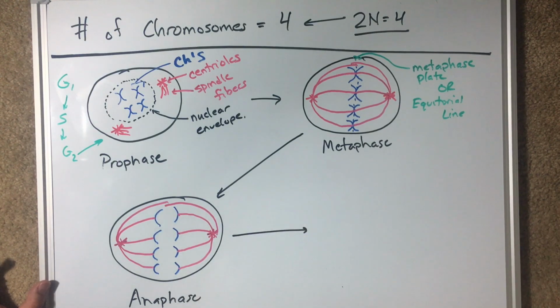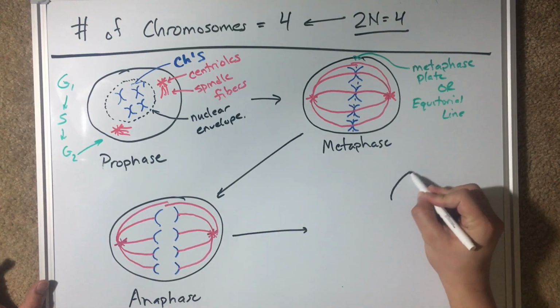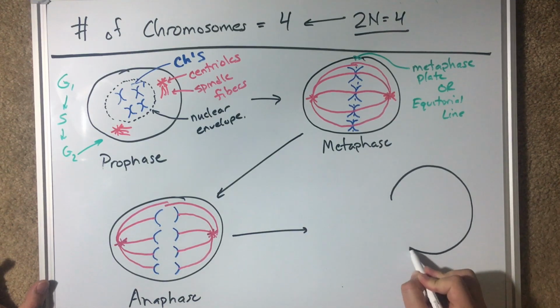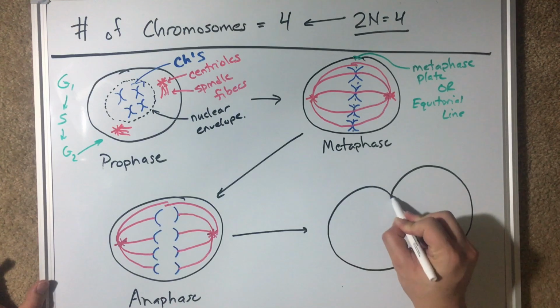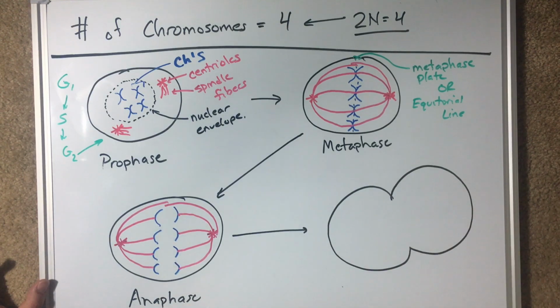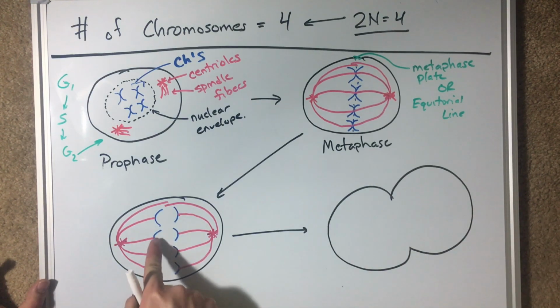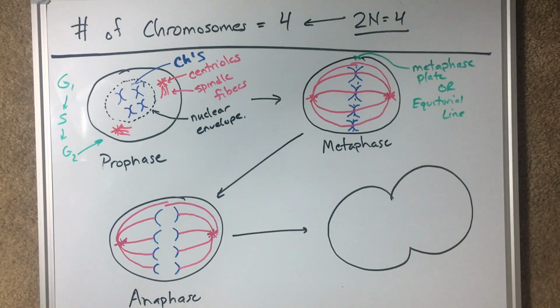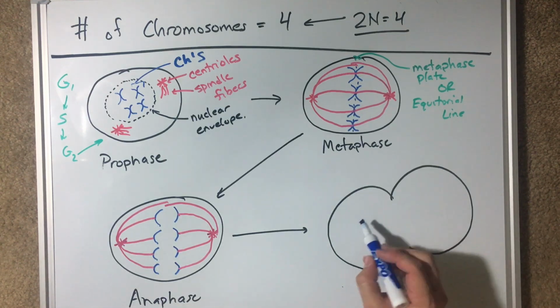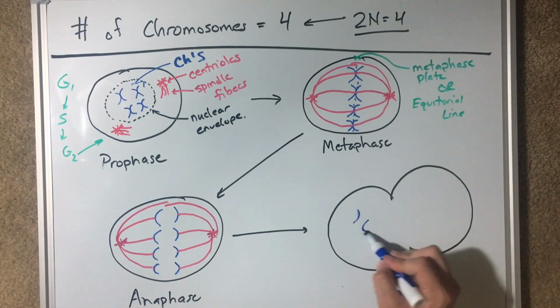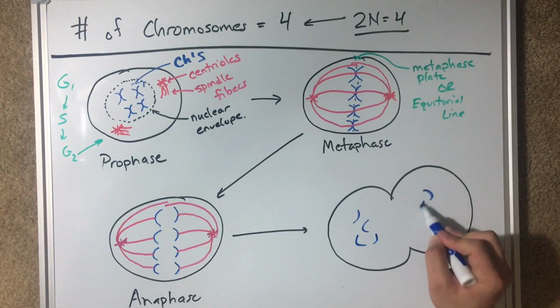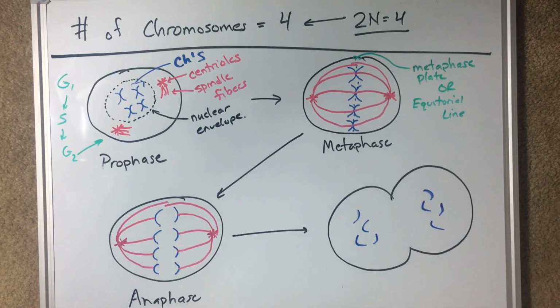Now, each instructor might have their own unique way to draw a telophase, but in my class, I draw it like this. I like to draw them as if the cells are ready to split. So you can see there, in this case, these 4 now chromosomes are on one side and the 4 are on the other side.